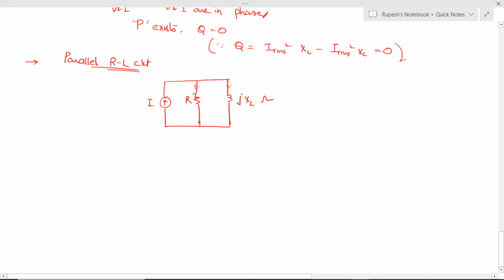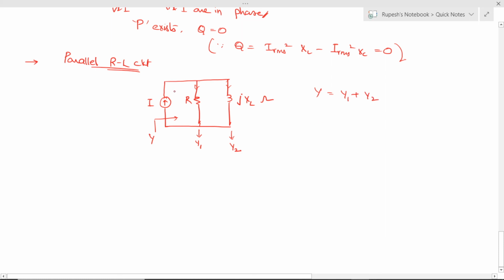Here for the effective impedance, instead of impedance like in the previous examples, we take admittance. Why? Because in a parallel circuit we can add admittances. Suppose the admittance across this branch is Y1 and the admittance across this branch is Y2. So we can add the admittances in parallel, Y1 plus Y2.